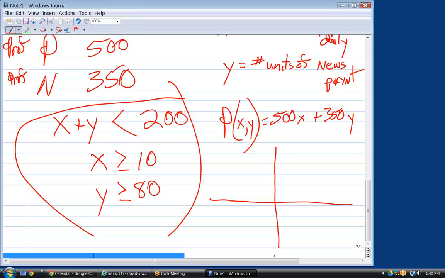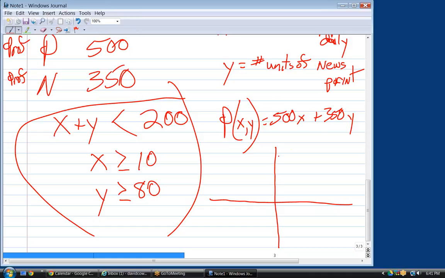Write the objective function that models total daily profit. Are we done? Yeah, we are. We've answered that question. They're going to ask a second part, though, and that is to maximize that function. Here's our profit function.